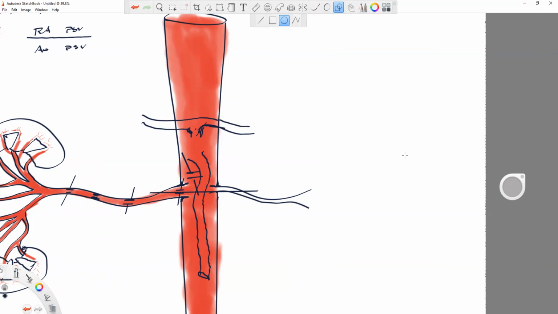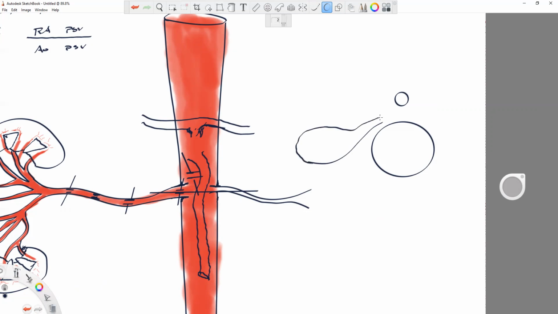Sorry about this. Here's my aorta. What's the smallest circle, guys, above the aorta? It usually has an echogenic surrounding. That is the SMA. I can draw that in just for reference. And IVC.